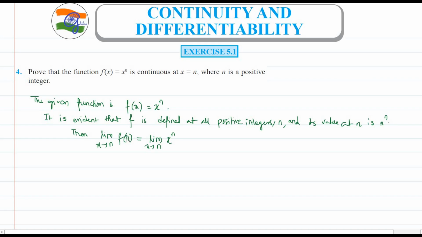Okay, so this is going to be n raised to the power n, because the function changes no definition, as well as there are no as such points of confliction. So therefore limit of x tends to n of f(x) is equal to f(n). Hence f is continuous at n, where n is a positive integer.